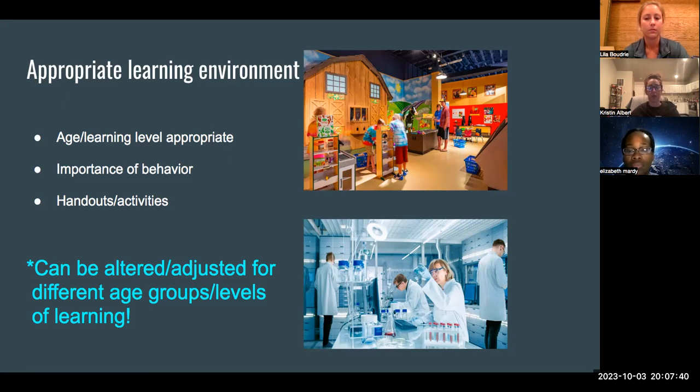So you can have the children do something like that. Or if you have a group of adults, you can maybe have them find different animals based on families or orders or different behavior. So you can really take a lot of different settings and adjust them to whatever group you have with you.